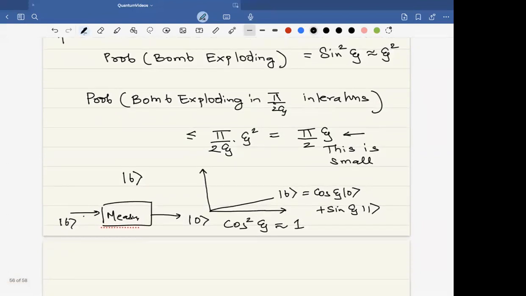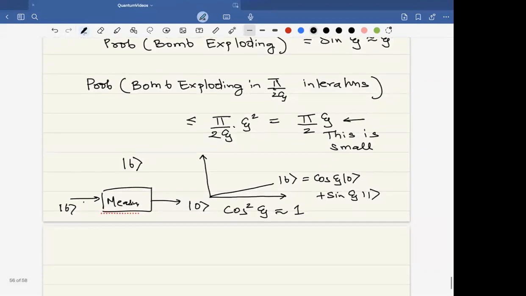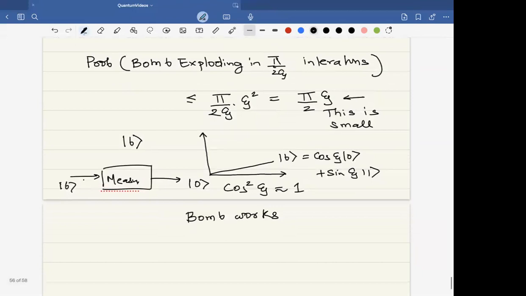But if you measure a 0, then you are definitely saying that the bomb works, right? There is a small probability of the bomb working and you still measuring a 1, but that's also very, very small. So this is called the Elitzur-Vaidman bomb. And this is also one of those scenarios where quantum computers, quantum mechanics, work very, very differently than the classical case.